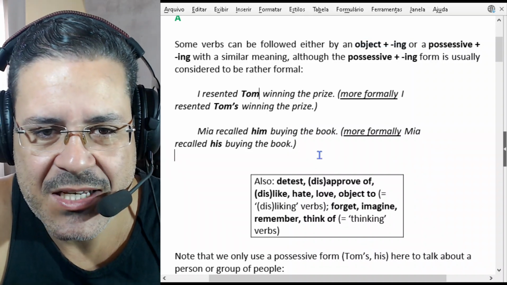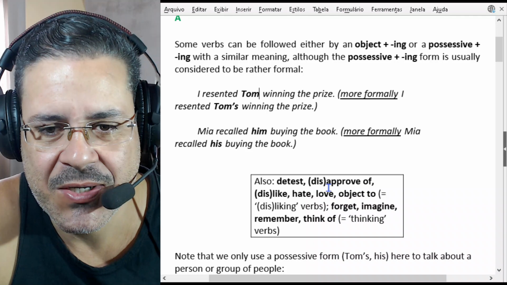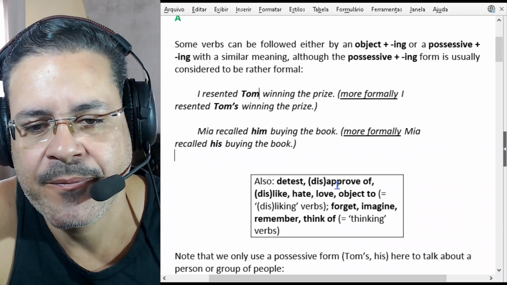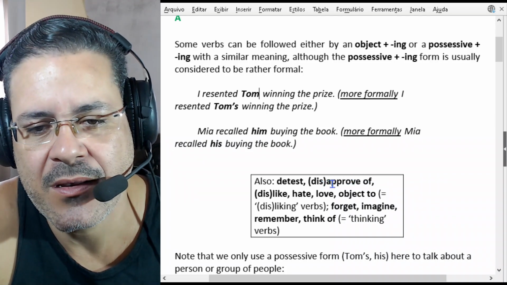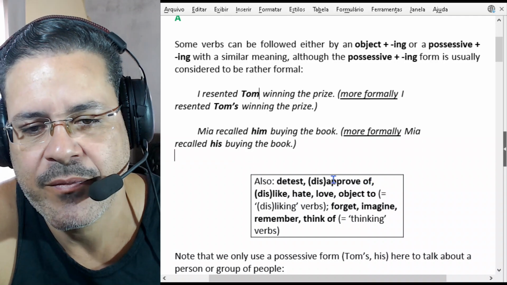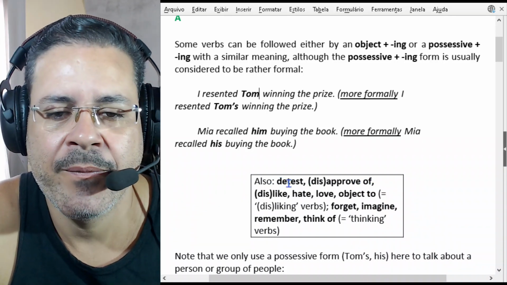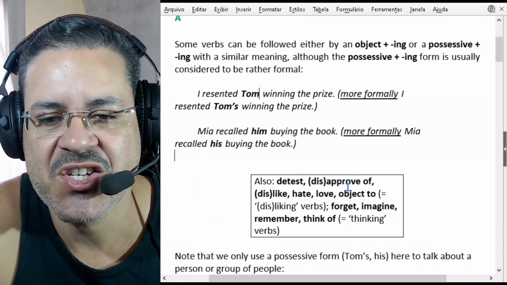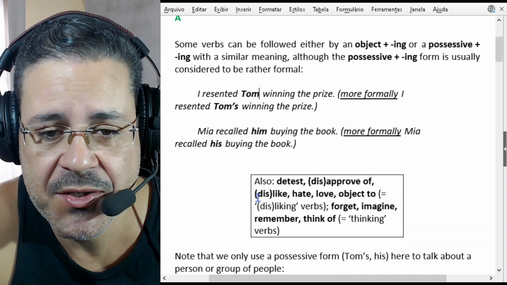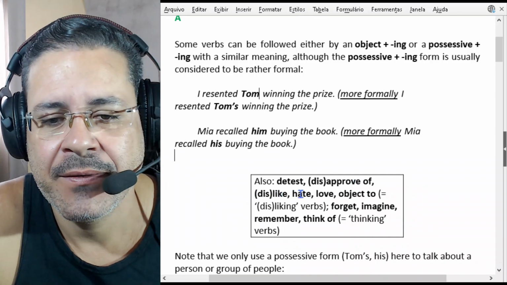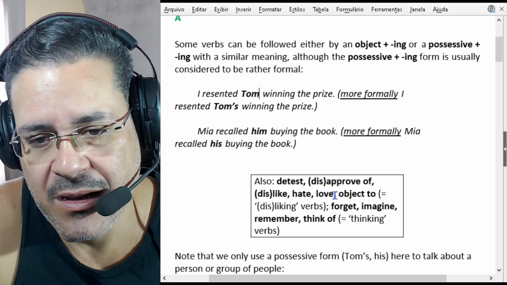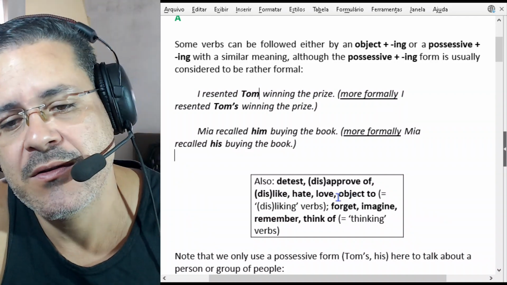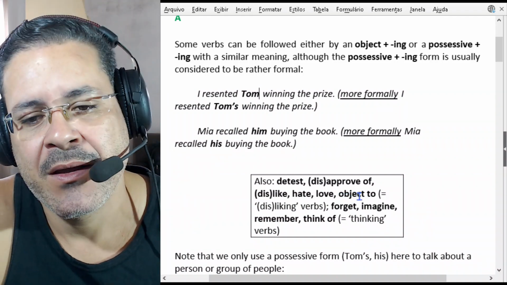Okay, we use that pattern with the verbs to detest, to disapprove of, or approve of. Notice that we say approve of or disapprove of, not to disapprove of. It's connected to the verbs to dislike or like, hate, to love, object to. Notice that in fast spoken English we don't say object to, but objector.